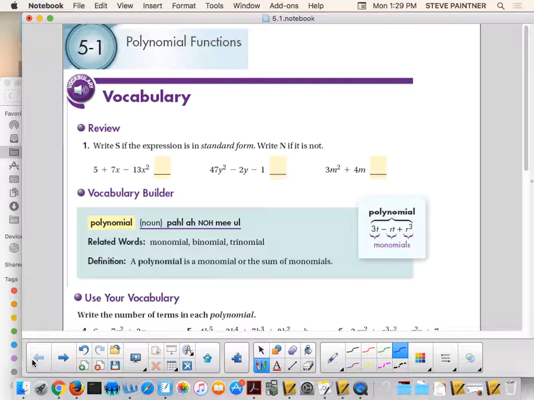Okay, problem 1 says write S if the expression is in standard form. Write N if it's not in standard form. S or N. Take a look and do it quick.